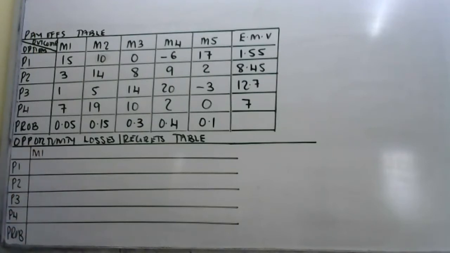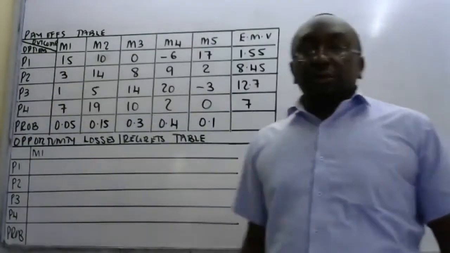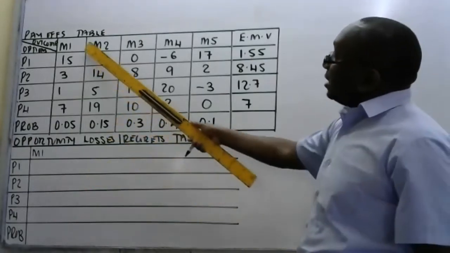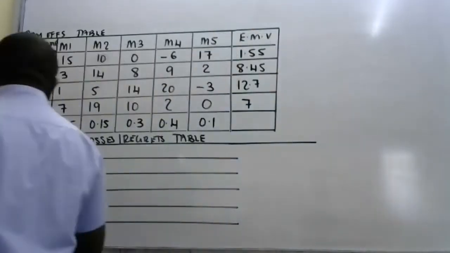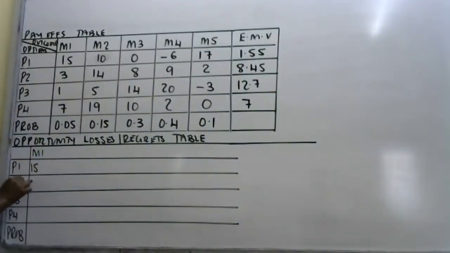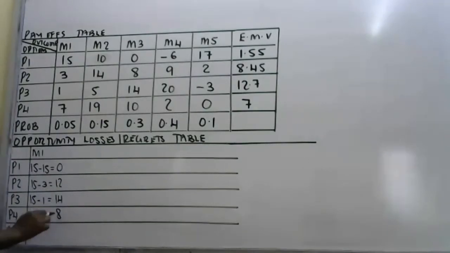So we go to M1. So what you do, you pick the highest value for M1. The highest value is 15. And you record it everywhere here that way. Then you minus the other values. So minus 15, minus 3, minus 1, minus 7. So this one gives us 0, this gives us 12, this gives us 14, this gives us 8, and the probability is 0.05.